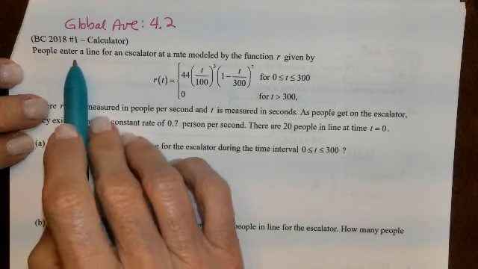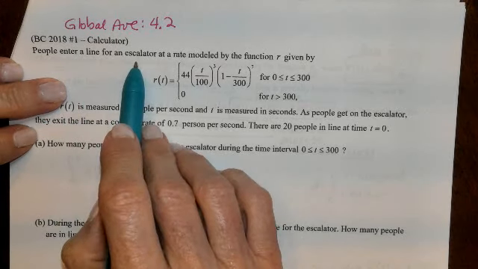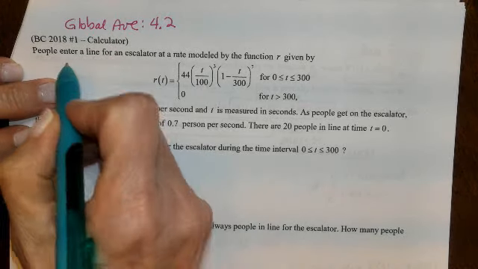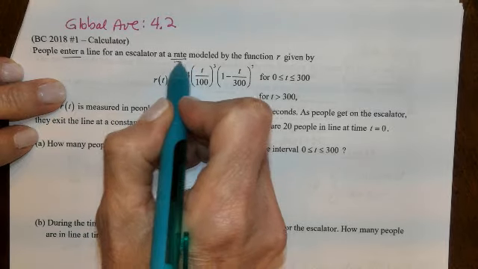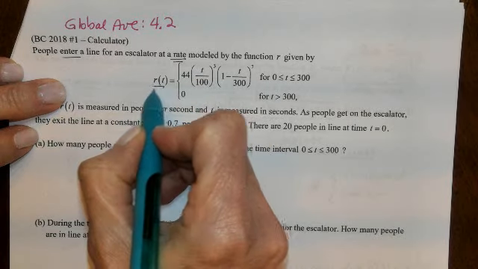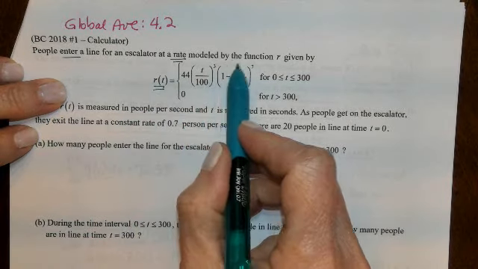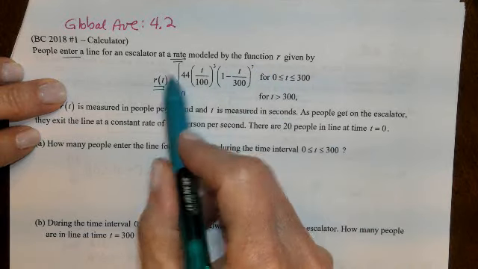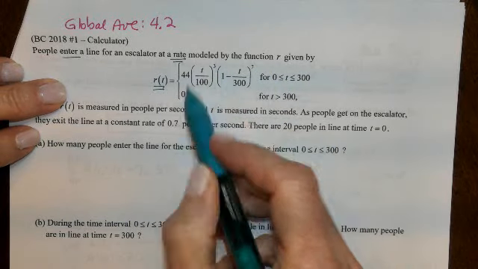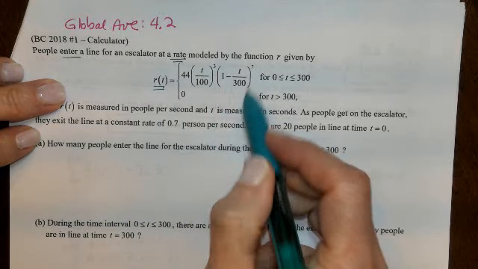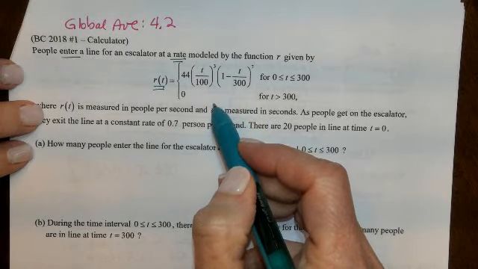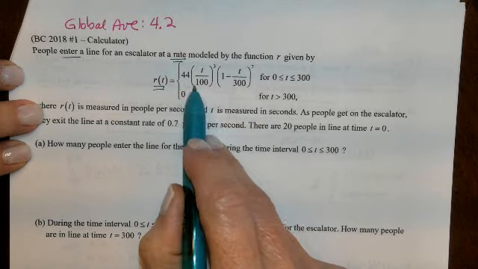It says people enter a line for an escalator at this rate. So this is the rate in, at a rate modeled by the function r given by this piecewise function. I know that piecewise functions are sometimes a little confusing, but this time it kind of makes sense.